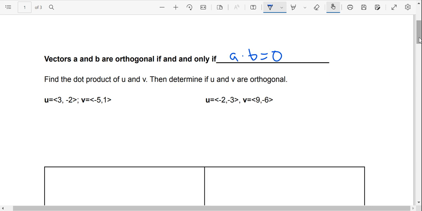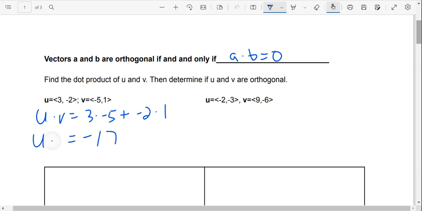So let's do some practice finding dot products. We have U and V here, so we need to find the dot product of U and V, which will get us 3 times negative 5 plus negative 2 times 1, which will get us negative 15 plus negative 2, which is negative 17. So the dot product U dot V is equal to negative 17. Is that orthogonal?